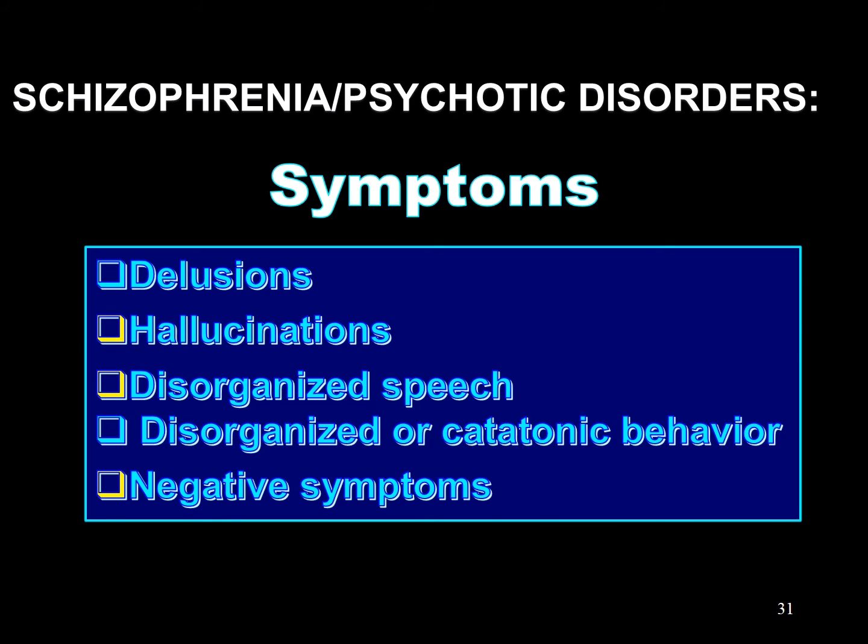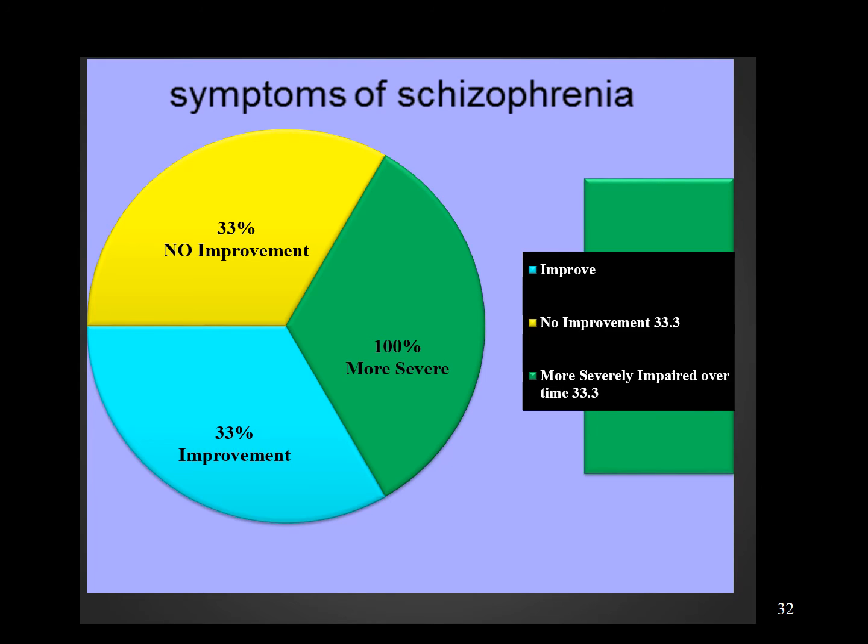To review, symptoms of schizophrenia or psychotic disorders include delusions, hallucinations, disorganized speech, disorganized or catatonic behavior, and negative symptoms. Schizophrenia usually first shows up in adolescence or early adulthood for males and in the late 20s for females.